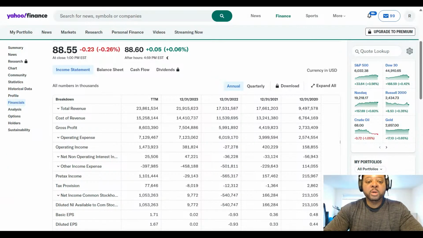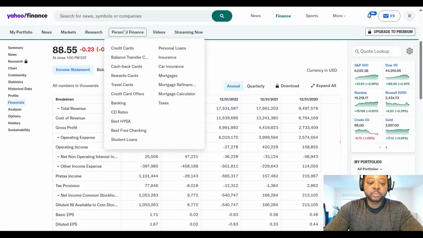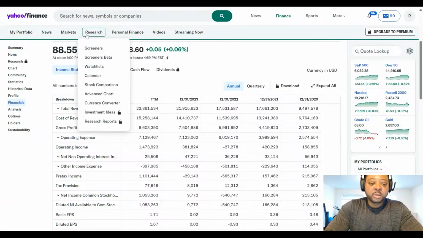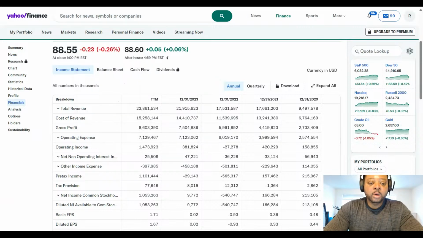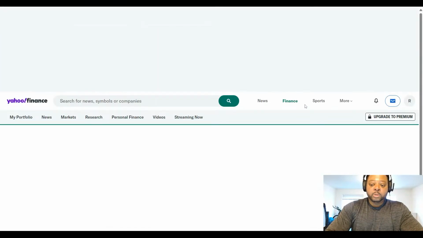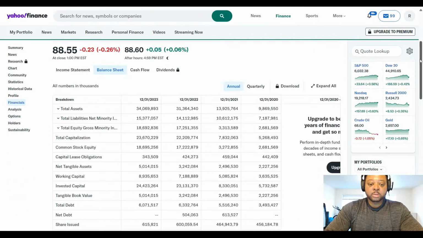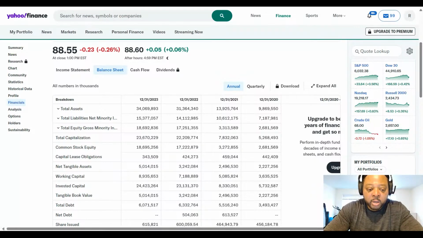So I want to show you the balance sheet. Where is it at? Company's balance sheet. You always want to see total assets. They've got cash flow, dividends, etc. They lock the dividends; you have to pay extra for that.